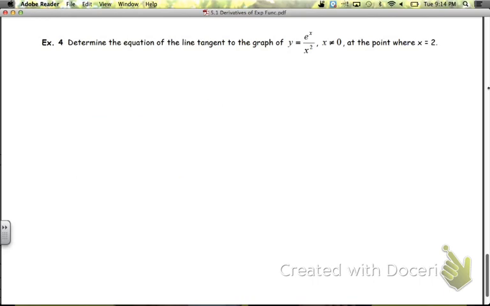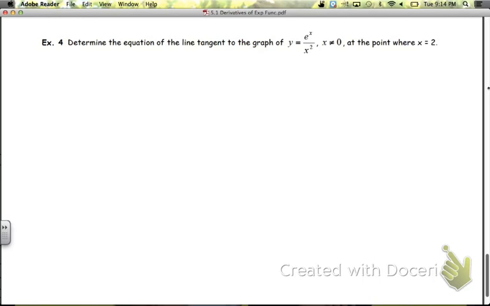In our last example for this lesson, we want to determine the equation of the line tangent to the graph y equals e to the power of x over x squared. X here cannot be equal to 0, because if x were to be equal to 0, obviously our function wouldn't exist at the point where x is equal to 2. So we're going to follow the same steps as our previous example.